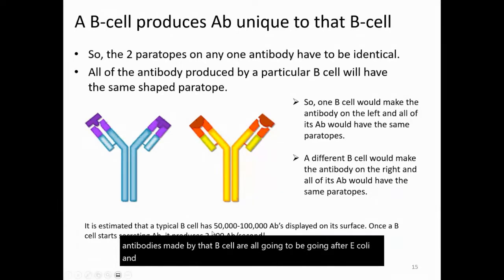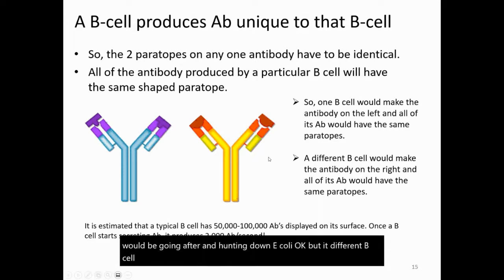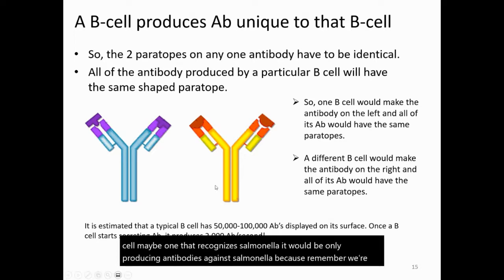And as you can see down here, you don't need to memorize these numbers, but a B cell can produce 2,000 antibodies in a given second. And all 2,000 of those antibodies would be going after and hunting down E. coli. Okay? But a different B cell, maybe one that recognizes Salmonella, would be only producing antibodies against Salmonella. Because remember, we're always looking for one specific target.